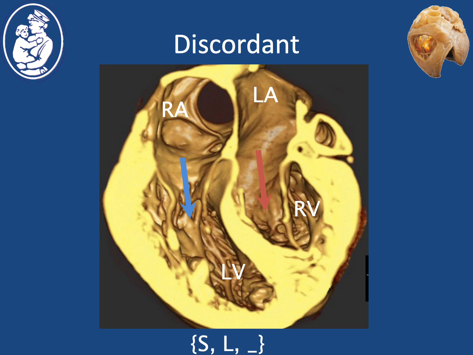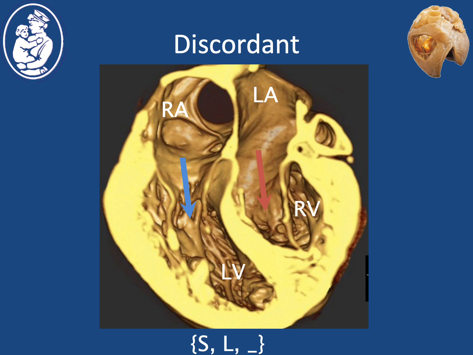On the other side, we see the left atrium with smooth walls and a typical left atrial appendage aligned with a left-sided right ventricle. We know it's a right ventricle because of the septal attachments of its medial AV valve leaflet here, and because of the coarse trabeculations in the ventricle.